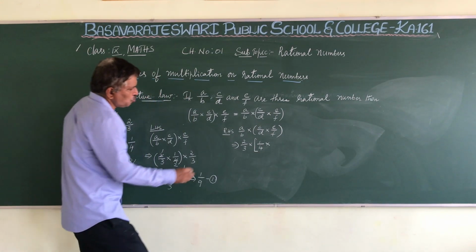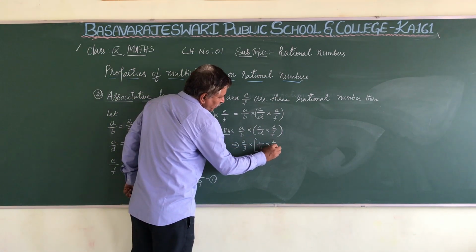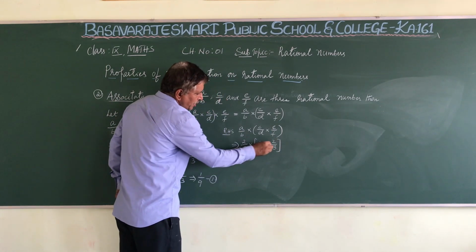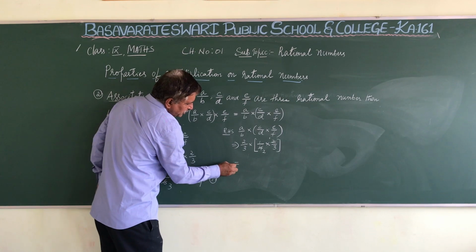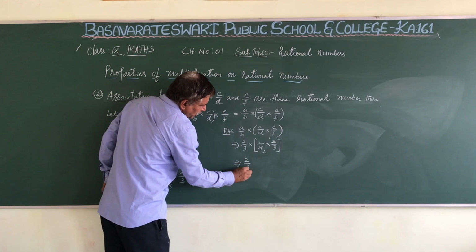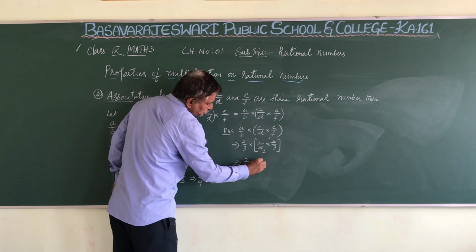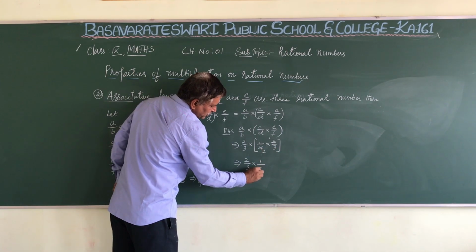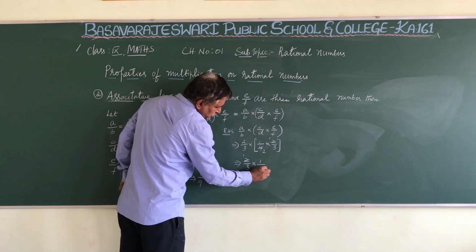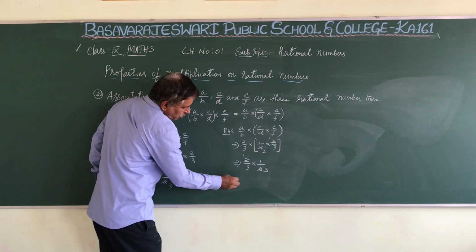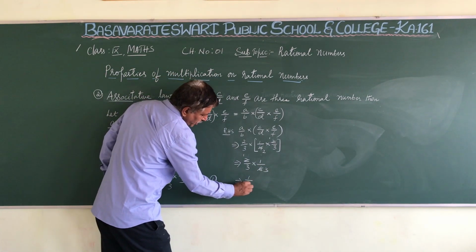E by F is 2 by 3. If there is possibility of simplifying, simplify it. 2 ones are 2, 2 twos are 4. Now again this is 2 by 3 into 1 into 1 is 1 divided by 2 into 3 is 6. Again 2 one time, 2 three times. Now which is equal to 1 by 9.